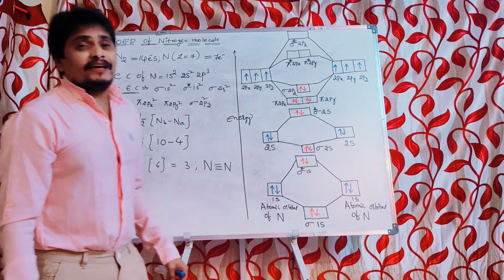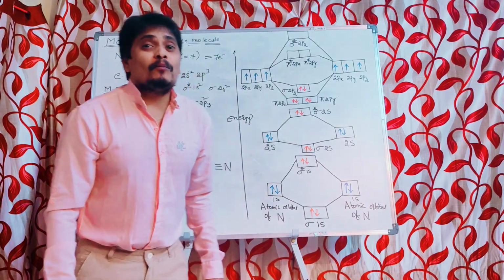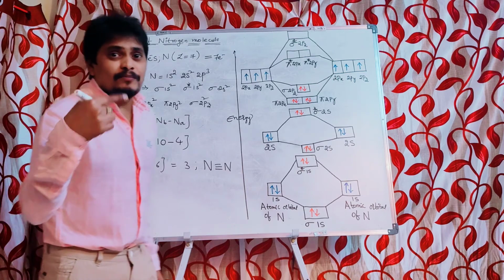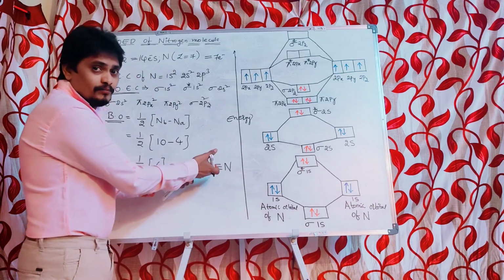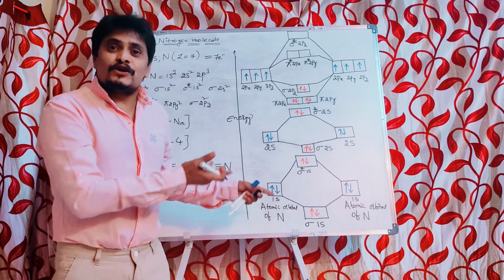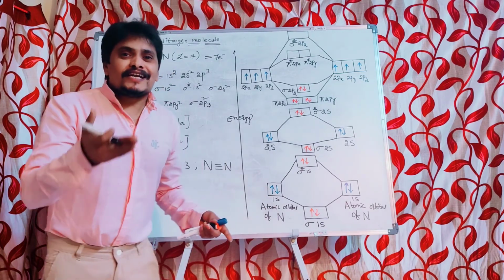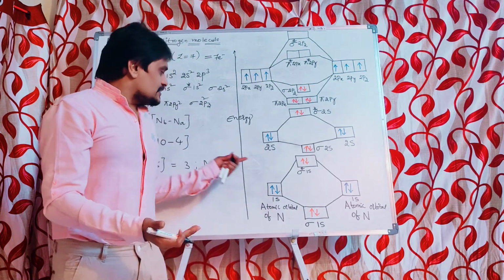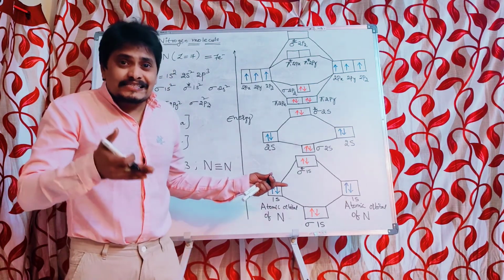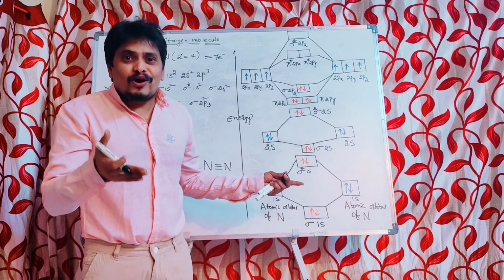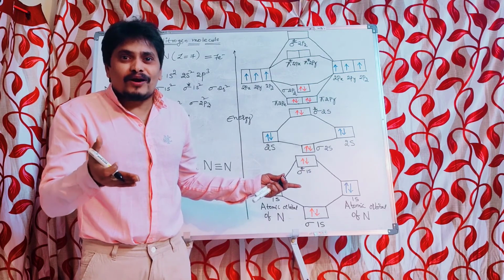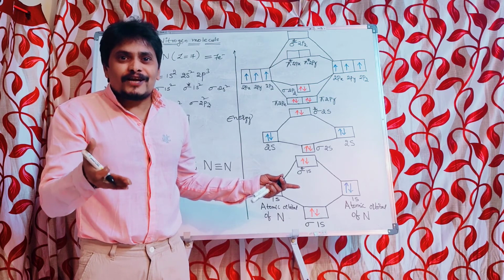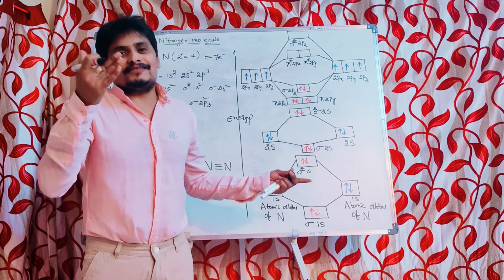And what is another piece of information we get? The stability of the molecule. Bond order is directly proportional to the stability of the molecule, and the bond order is 3, so definitely it is a more stable molecule. And what is the relationship between bond order and bond length? Inverse relation. As bond length is inversely proportional to bond order, definitely we can say the bond length between the two adjacent nitrogen atoms in the nitrogen molecule is less.